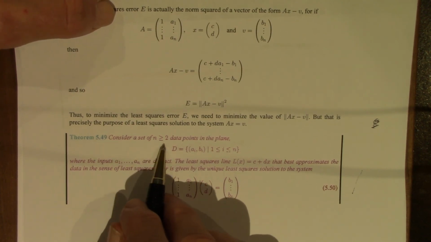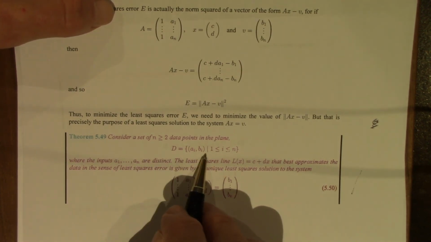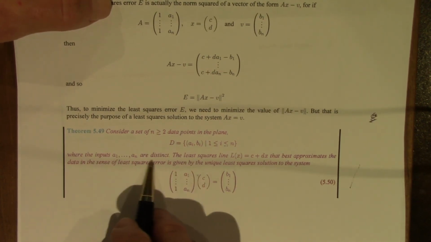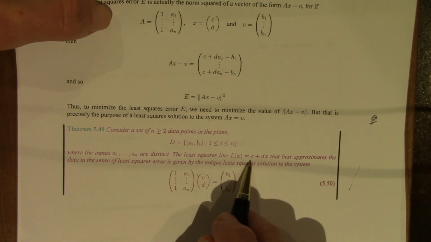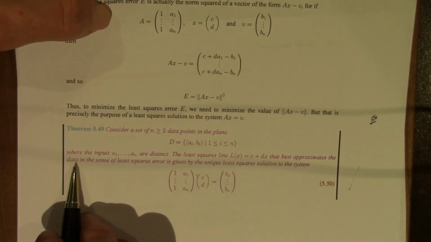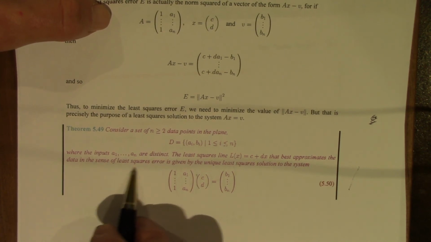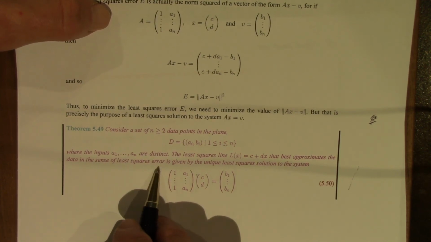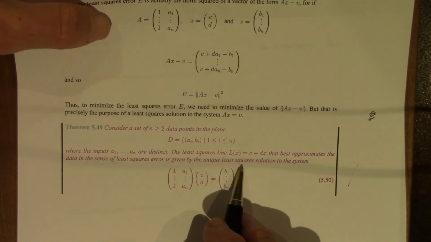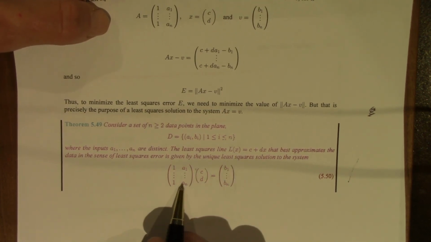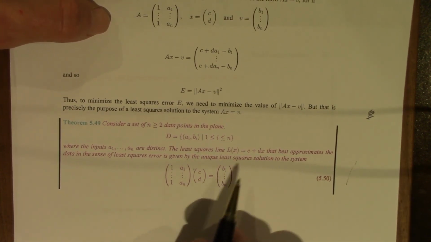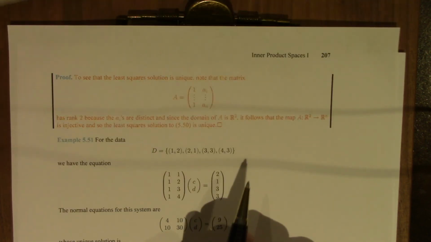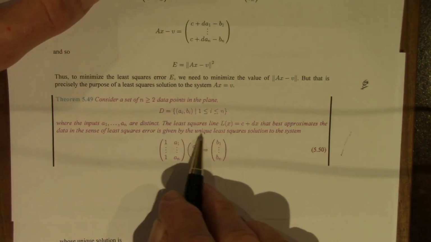So to put it together, consider a set of at least 2 data points in the plane where the inputs are distinct. The least squares line that best approximates the data in the sense of least squares error is given by the unique least squares solution to this system. All that's missing here is the uniqueness.